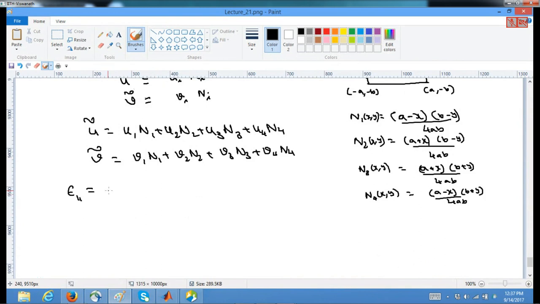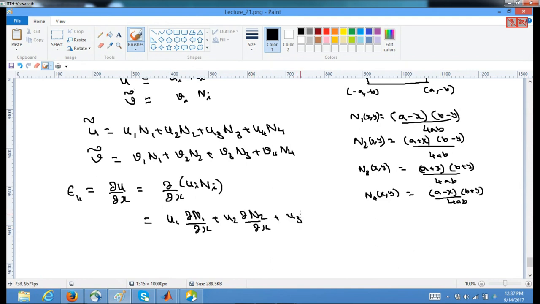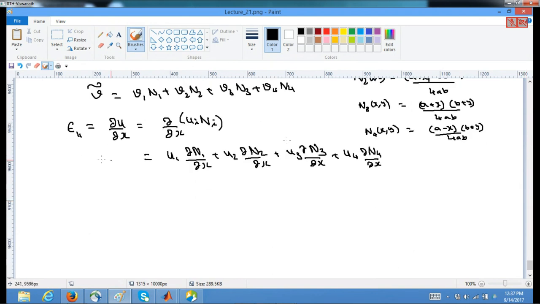Epsilon 1 1 can be written as dou u by dou x. That is nothing but dou by dou x of ui ni. That results in u1 dou n1 by dou x plus u2 dou n2 by dou x plus u3 dou n3 by dou x plus u4 dou n4 by dou x. This is our epsilon 1 1.